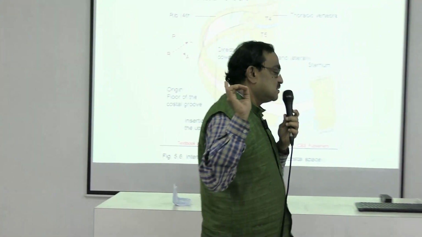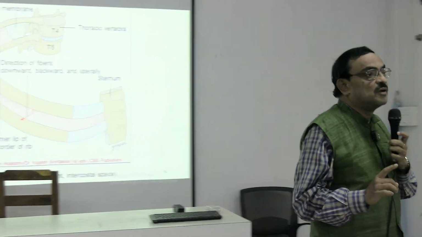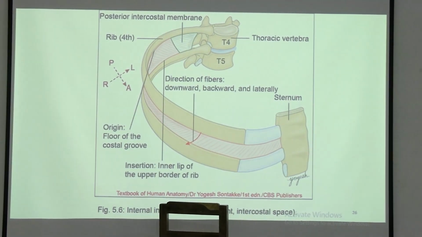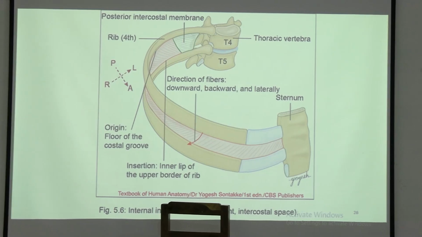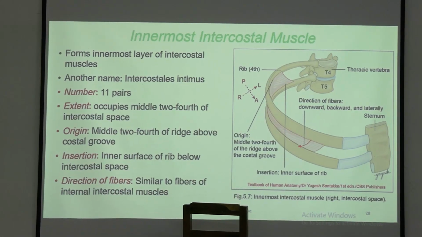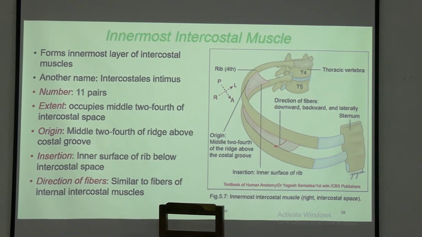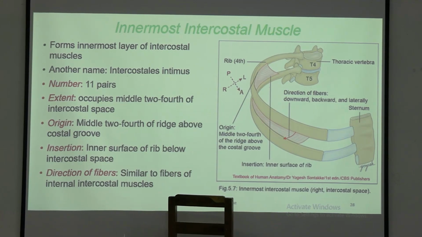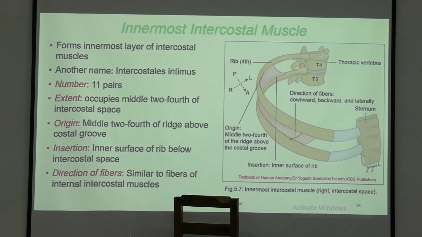Now, this is the internal intercostal muscle. Whether it is external or internal, intercostal muscles are present in all the spaces. Concerned with the innermost, the third layer, that is intercostalis intimi, you can find there are vacant spaces, absolutely vacant spaces, posteriorly and anteriorly.